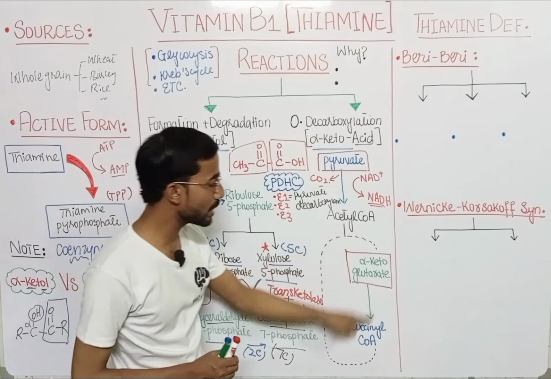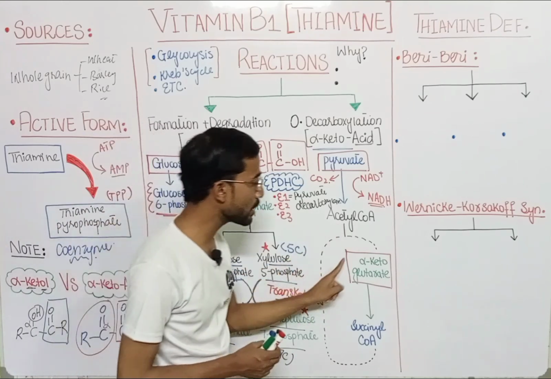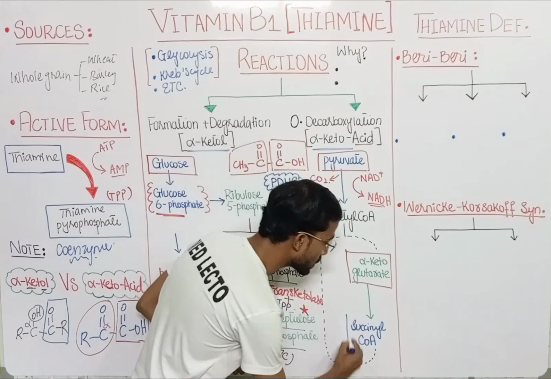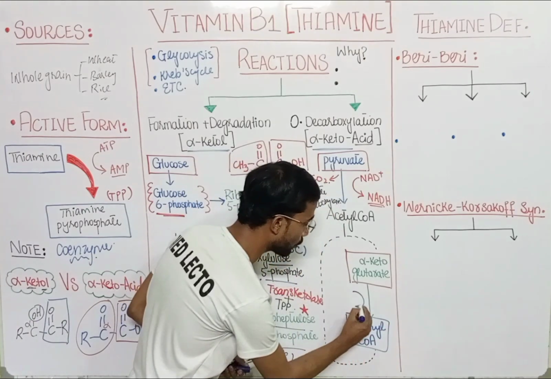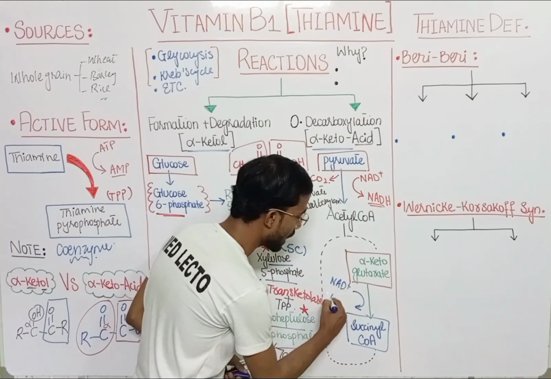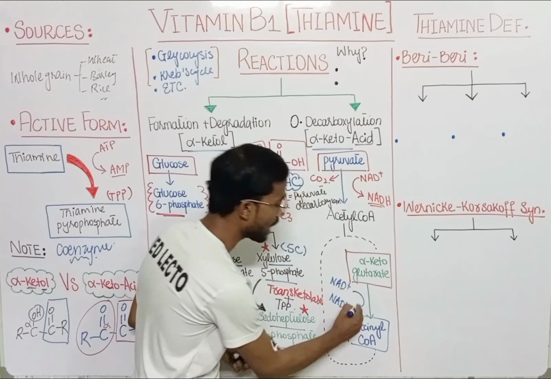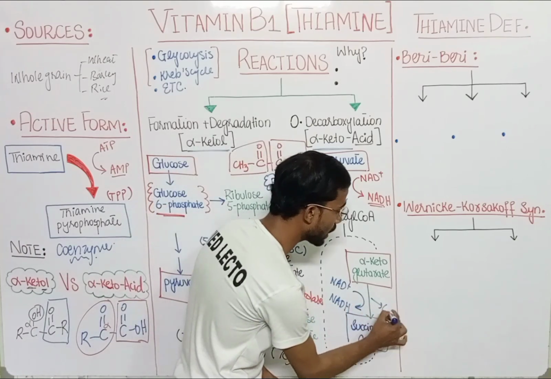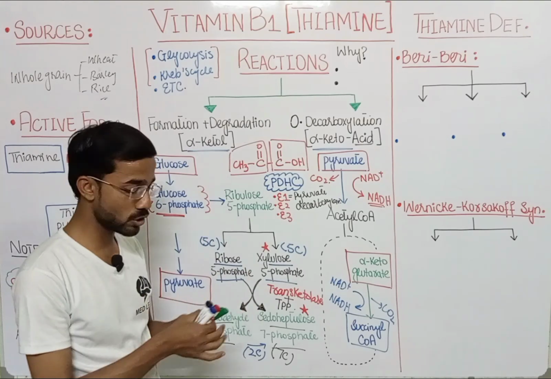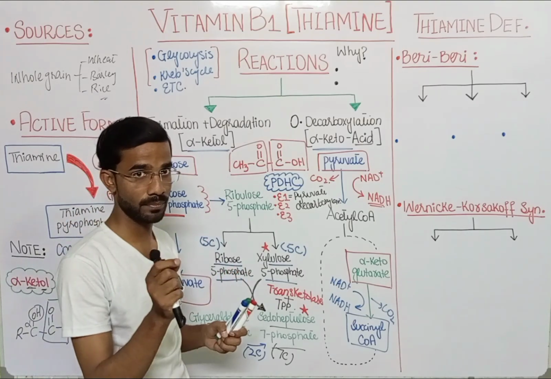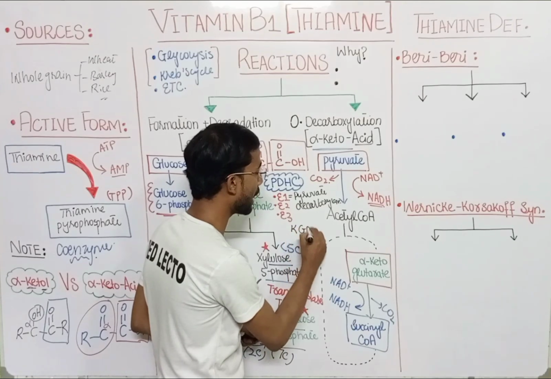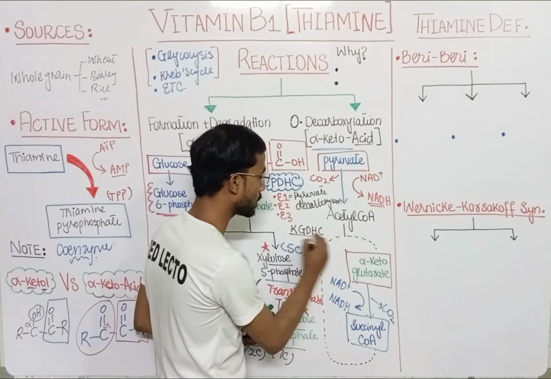Next, if we move towards the Krebs cycle, you will also see, from alpha ketoglutarate to succinyl CoA conversion, the same process: oxidation, NAD positive to NADH, and you also see the removal of carbon dioxide, that is decarboxylation. In this process, you also see the enzyme, the alpha ketoglutarate dehydrogenase complex.